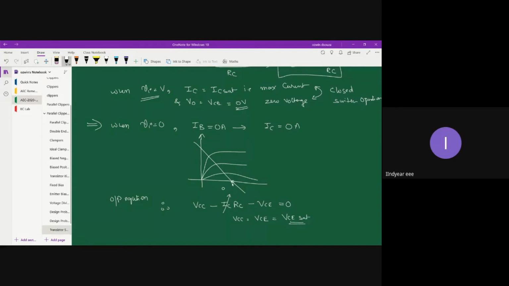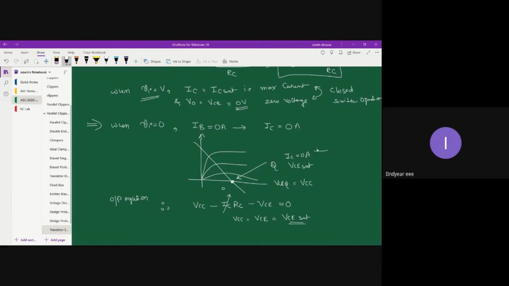So basically your Q point comes to the x-axis when you reduce your input voltage to 0. The value of this Q point is going to be VCEQ, and the value is VCC. So at this particular point, your current is 0 amperes, but your voltage is VCE saturation.